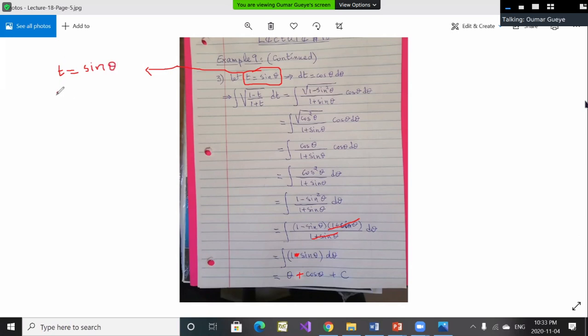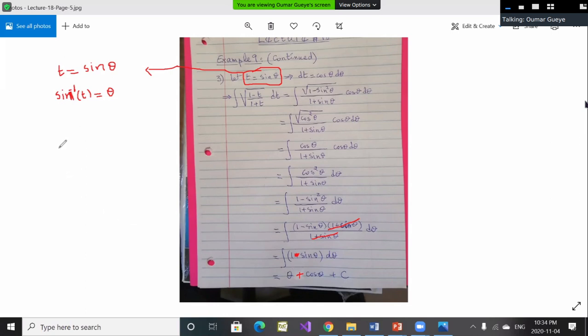So it means sine inverse of t is going to be theta. Okay. So now we can substitute theta by its value.